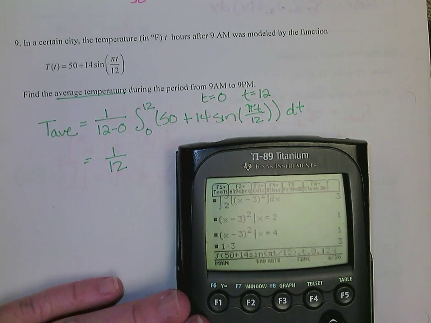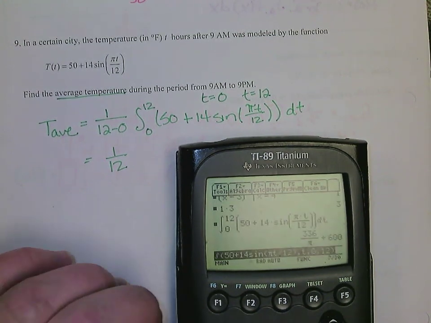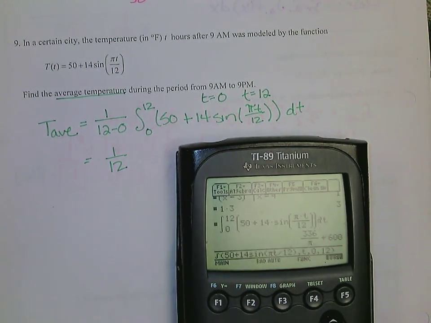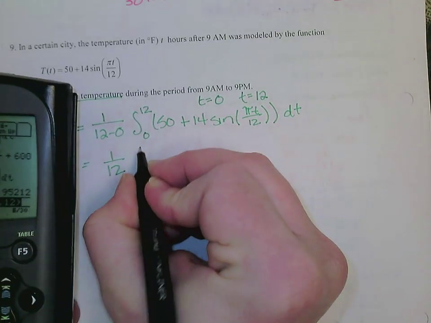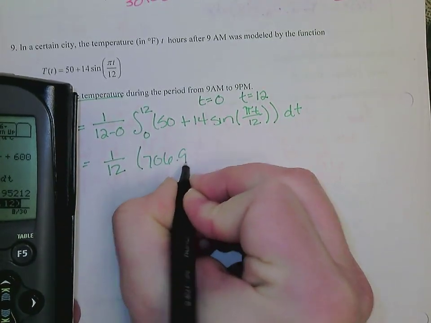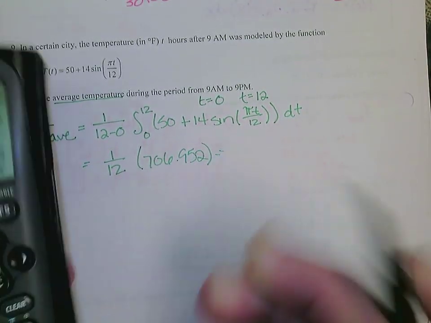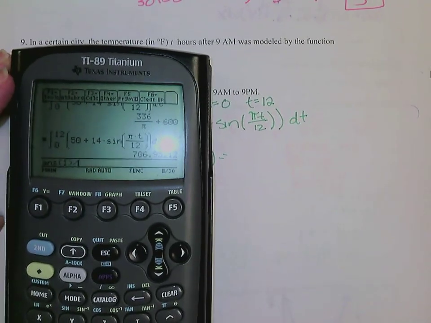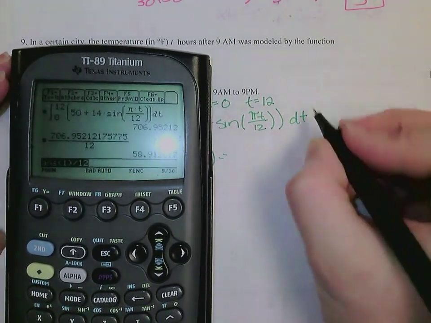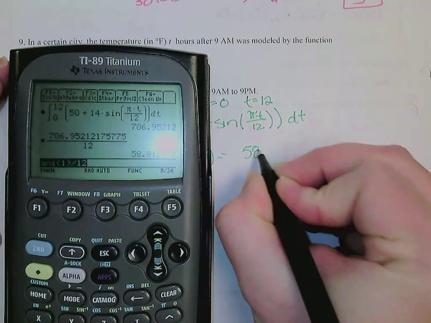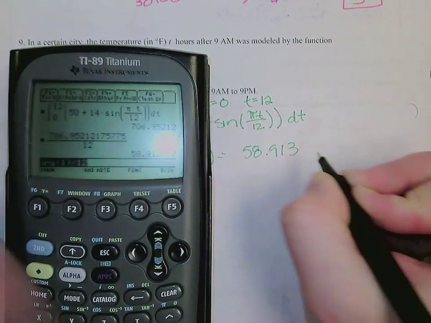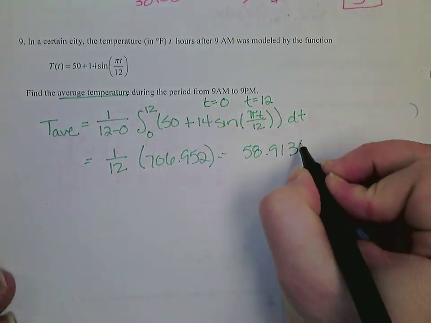Oh, an approximation here. So we have 1/12 times 706.952. If I take that and divide it by 12, I get that the average temperature was 58.913, if I round, degrees Fahrenheit.